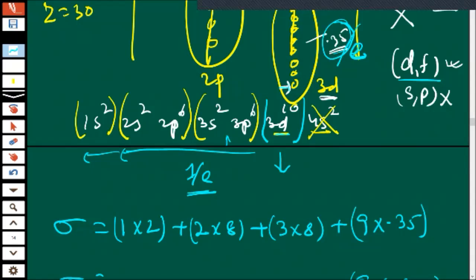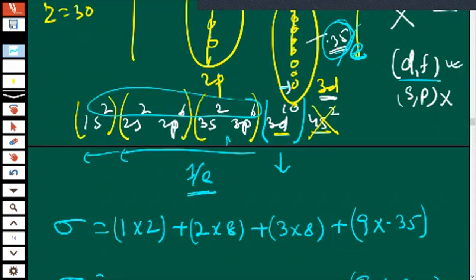Okay. How many electrons are there in total? 27. No. Up to here it is 28. Leave these 10 electrons here. 20. 6 to 8. 18.